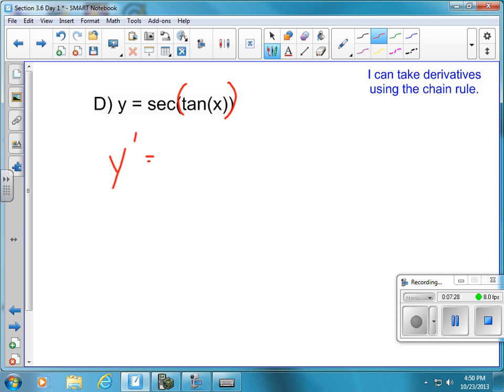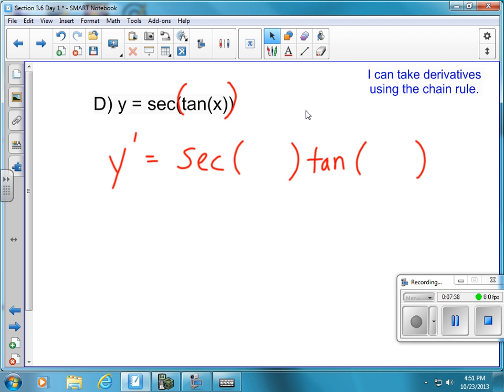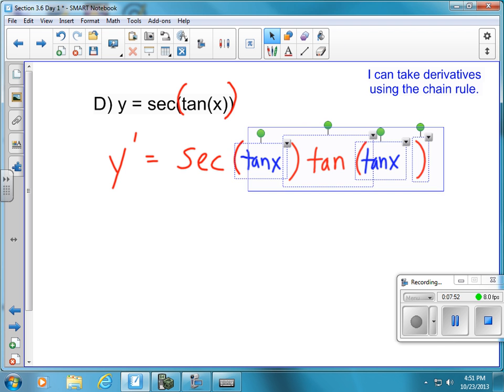So we know that the derivative of secant is secant of something times tangent of something. Now, don't make the mistake of messing up your something. Your something is tangent of x, and that's in both cases. I know it doesn't look pretty, but the real world isn't pretty.